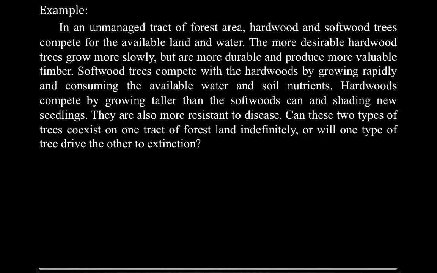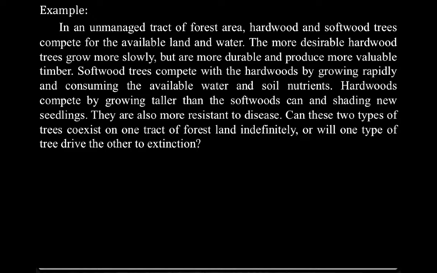Softwood trees compete with the hardwoods by growing rapidly and consuming the available water and soil nutrients. Hardwoods compete by growing taller than the softwoods can and shedding new seedlings. They are also more resistant to disease.